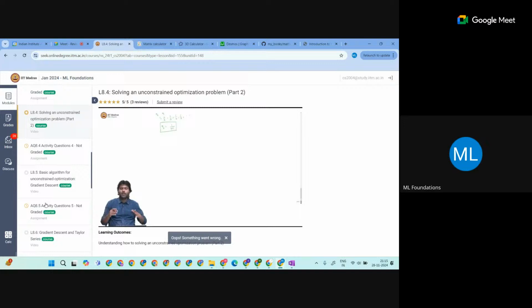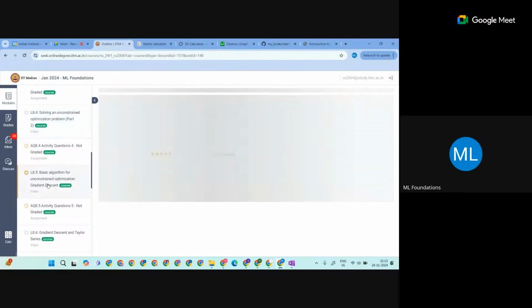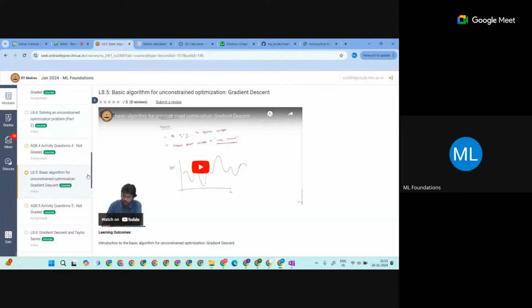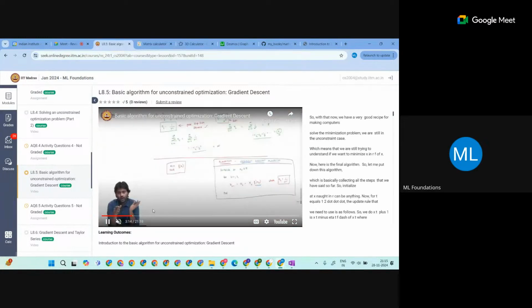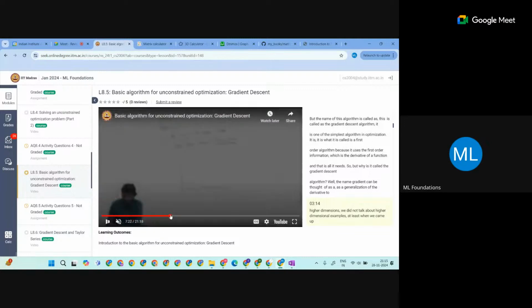So one problem I will surely suggest: you can expect one problem on gradient descent. And what is the gradient descent algorithm?